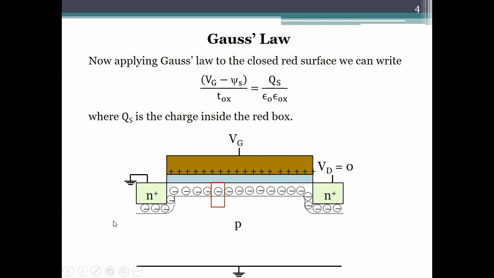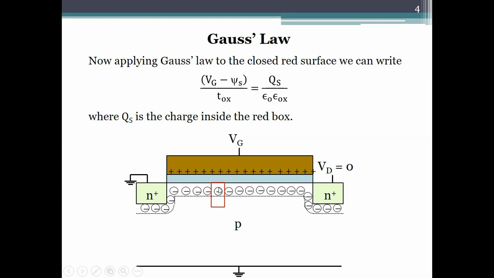Now we are back to our MOSFET cross section. If we apply Gauss's law to this red, what is called a pillbox in physics terminology, and I am leaving this to you because I am sure you are very familiar with Gauss's law, we can write the equation as Vg, which is the gate voltage, minus psi s, which is the electrostatic potential at the semiconductor surface, divided by Tox, which is the oxide thickness.